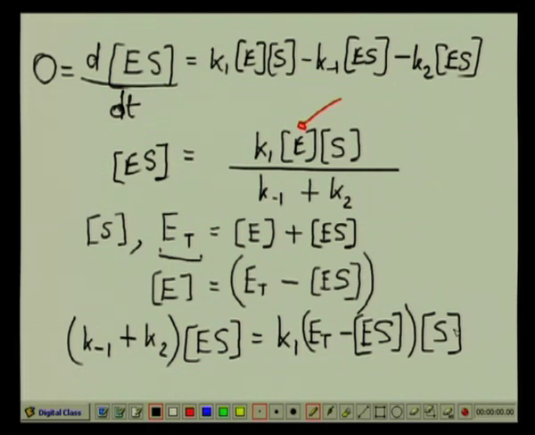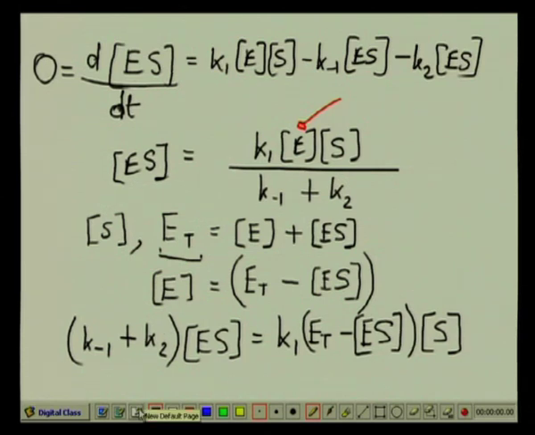Right. So, what can I now do? I have another ES expression here which I can take over onto the left hand side, right. If I take this ES part over onto the left hand side, what will I land up with on the right hand side? A K1 ETS. And what will I have on the left hand side?